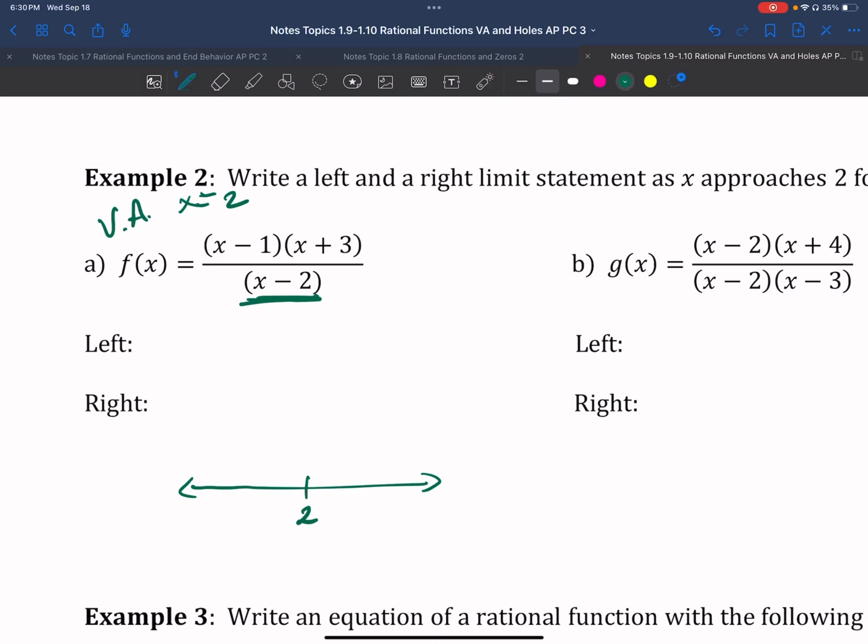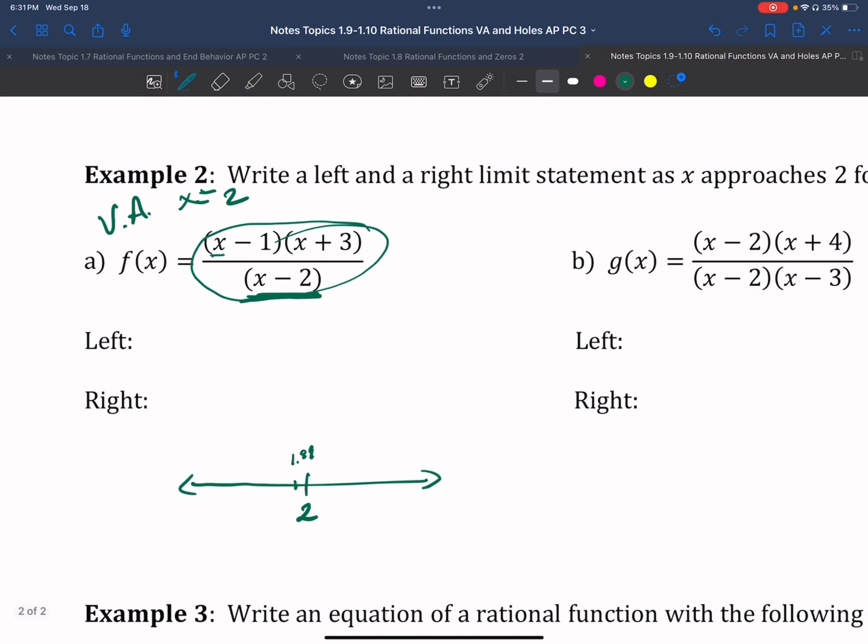So in this case, I'm going to pick a number super close to 2 on the left side of it. I'm going to pick 1.99. And then I'm going to plug it into here and figure out if I get a positive or a negative. So 1.99 minus 1 will give me a positive. And then 1.99 plus 3 will also give me a positive.